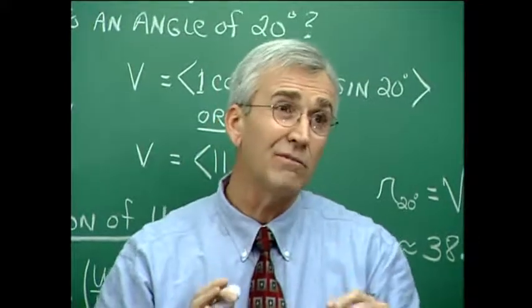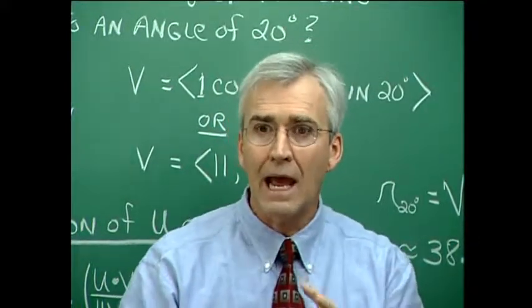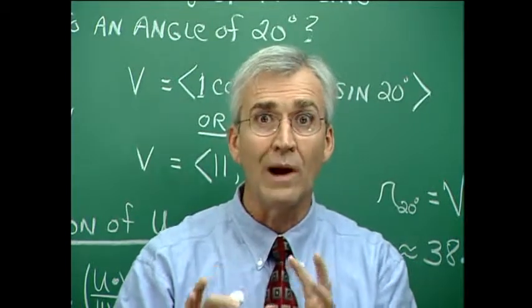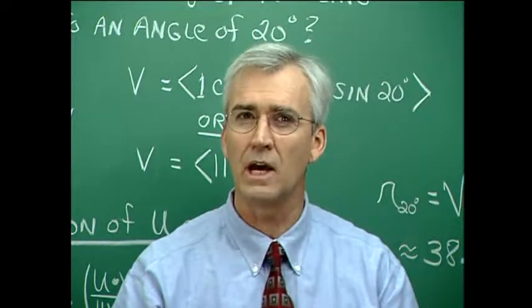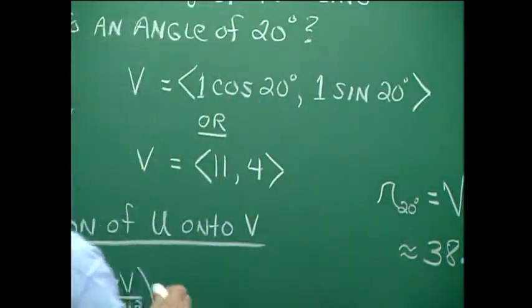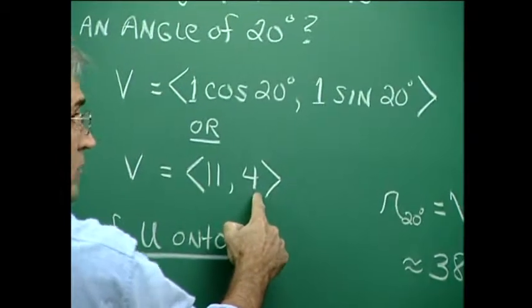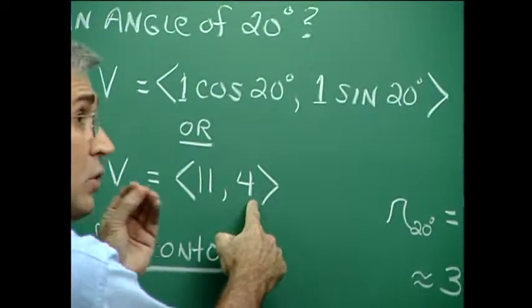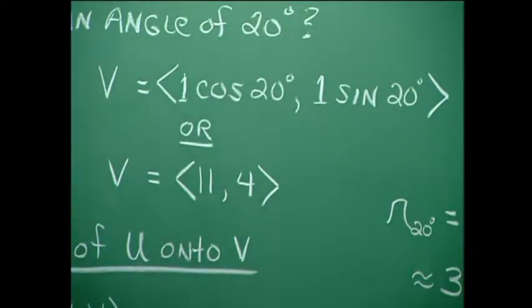And if we can come up with a couple of other numbers that have a resulting direction of 20 degrees, any combination of such numbers would work fine. For example, I've calculated that if we use V to be 11,4, we'll have the same 20-degree direction associated with this vector written in component form.